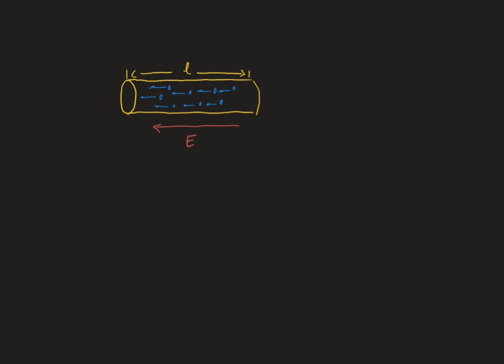We know that the electric field E is connected to the potential by the relationship E equal to minus the derivative of the potential, let me call it V prime, with respect to space.